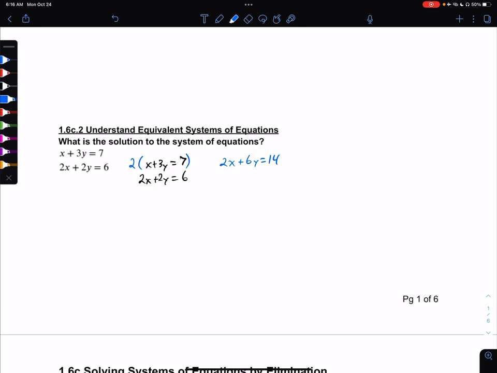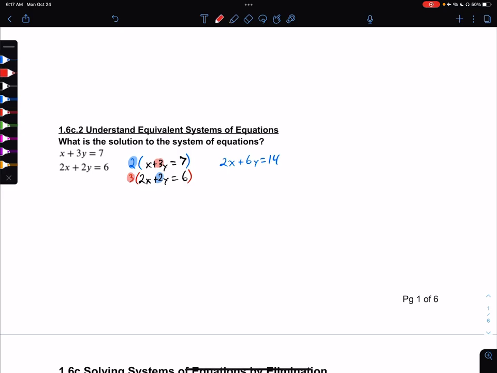Now, why would I pick 2? The reason I chose 2 is because I'm taking the coefficient in front of the y value in the other equation. You're allowed to do the same thing for your second equation, and this time we're going to use a 3, because I have a 3 in front of my y value there.